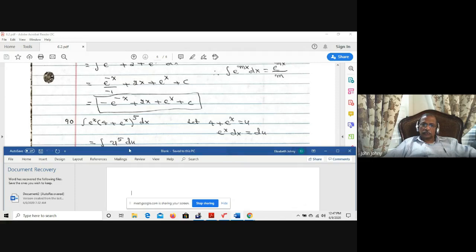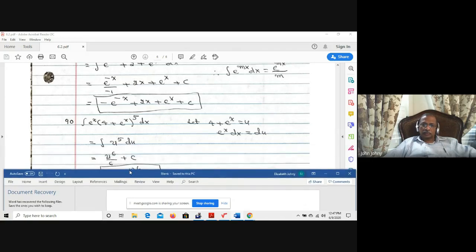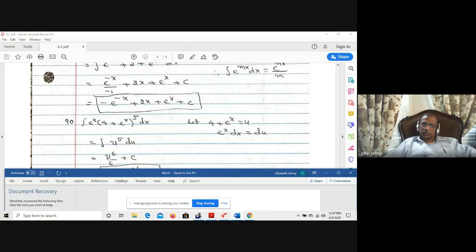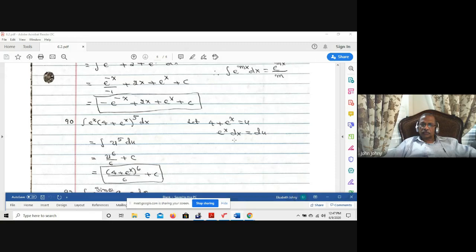So it is u to the 5 du. And use the power rule, the x to the n plus 1 over n plus 1 formula: u to the 6 over 6 plus c, and u is 4 plus e to the x. So the answer is 4 plus e to the x, to the 6, divided by 6 plus c.